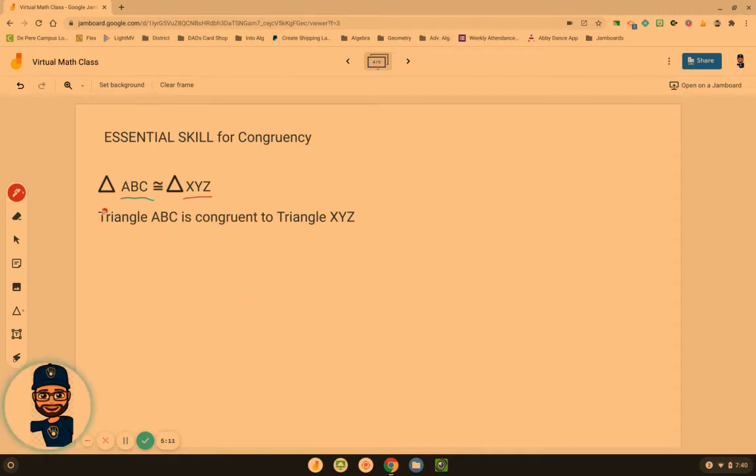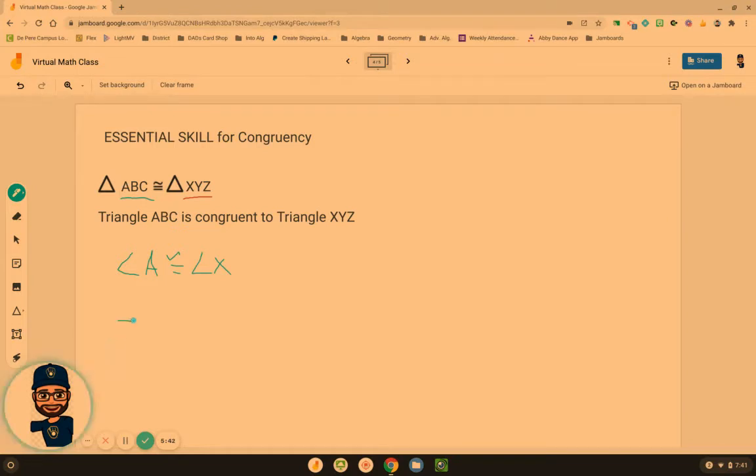Meaning that if I were to draw this triangle ABC and this triangle XYZ, I would clearly be able to say that angle A is congruent to angle X. Because this triangle is congruent to that triangle, and A is in the same position as X, I can say that they're congruent. Angle A is congruent to angle X because they're in the same location, first and first.